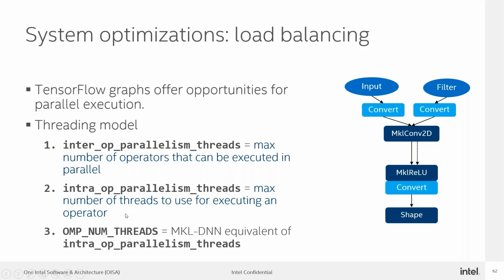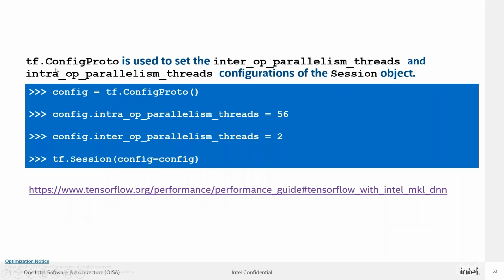These two are for other TensorFlow also, stock TensorFlow, but with MKL-DNN we use this OMP_NUM_THREADS. So in our TensorFlow code, we can use these threads and get better performance. And for different configurations, we have to set these number of parallelism threads to different values.